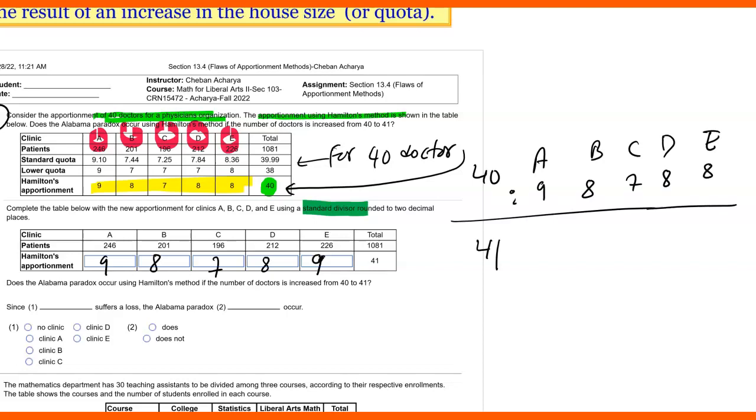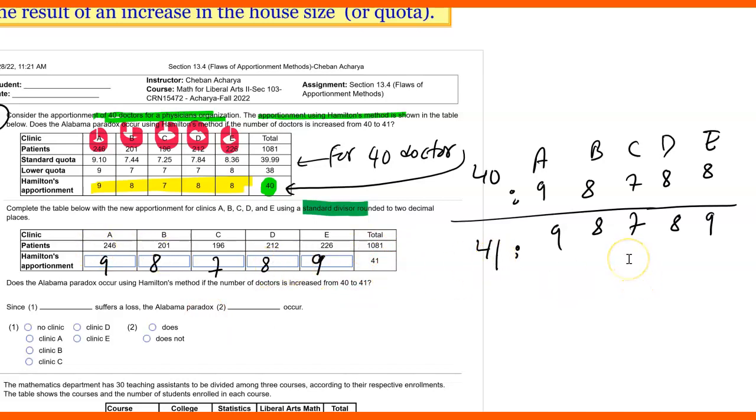For 41 doctors, A got 9, B got 8, C got 7, D got 8, E got 9. This is the apportionment for 40 doctors from the first table, and this is the apportionment for 41 doctors from the second table, which we did.